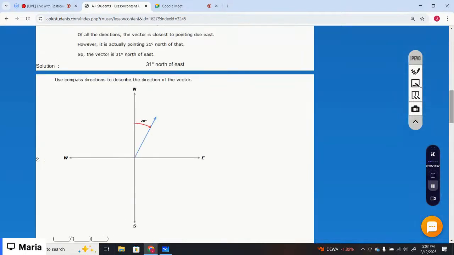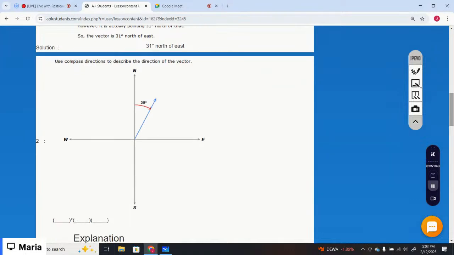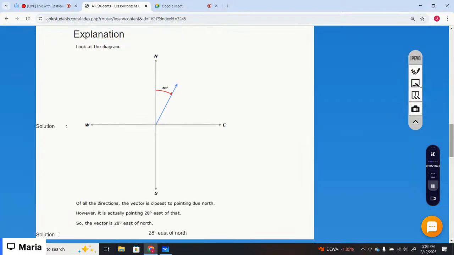Okay, so use compass directions to describe the direction of the vector. So the vector is pointing due north, right? And it is pointing 28 degrees east of that. The vector is 28 degrees east of north.